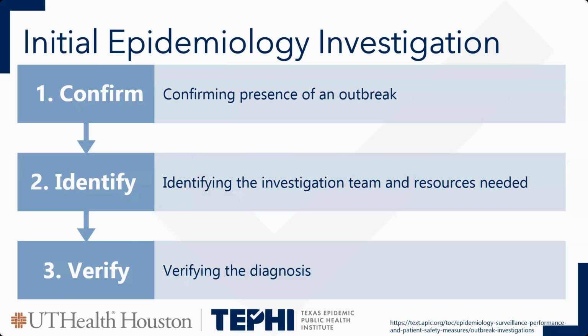You're also letting your team know there could be a potential issue, so you're talking to your leadership at this time. We've ordered test results, which goes into the third step, verification. We have ordered test results and we are waiting for that positive test result.